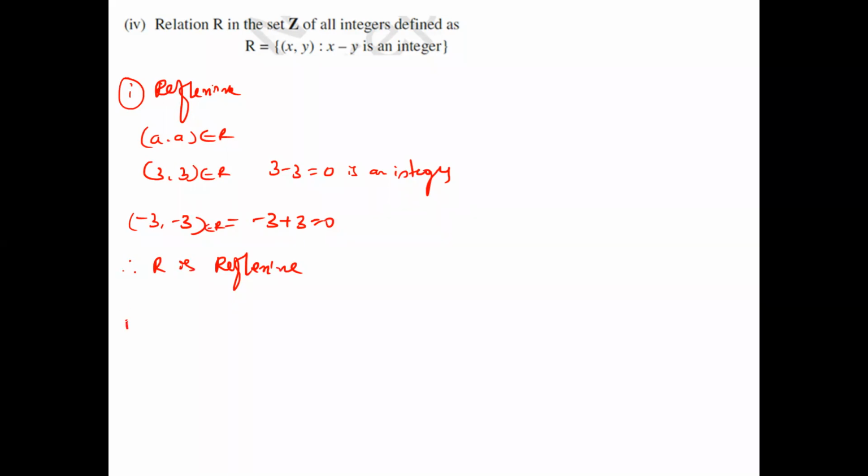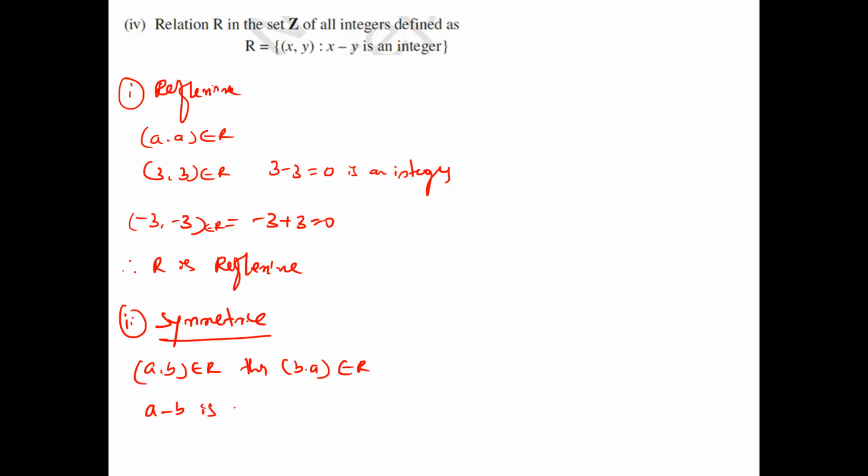Next, see the second one, symmetric. What is the symmetric condition? (a, b) belongs to R, and then (b, a) belongs to R. Now for (a, b), I'll take that a minus b is an integer.